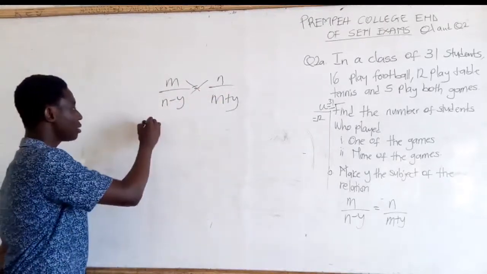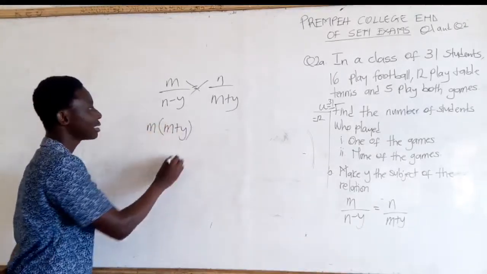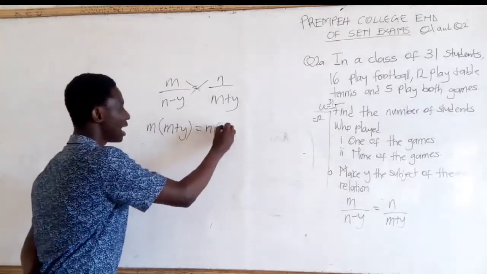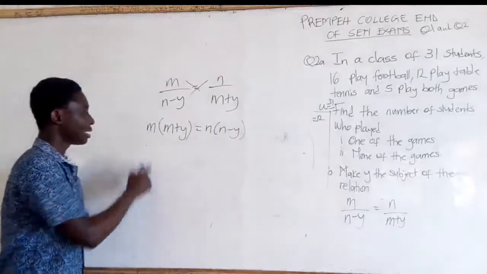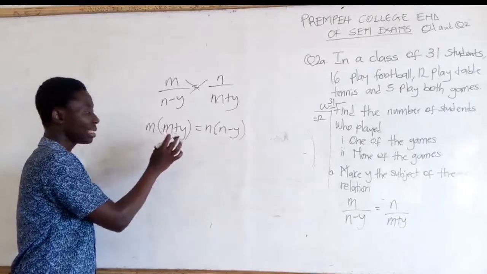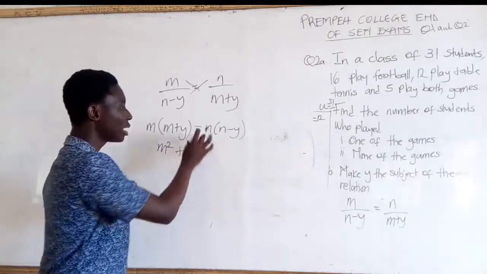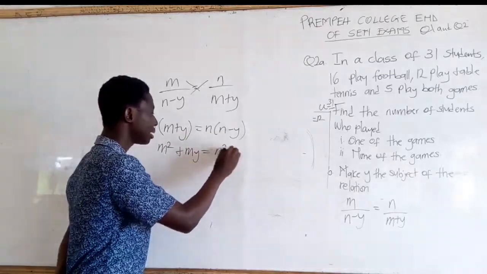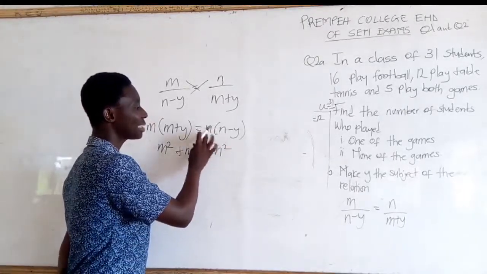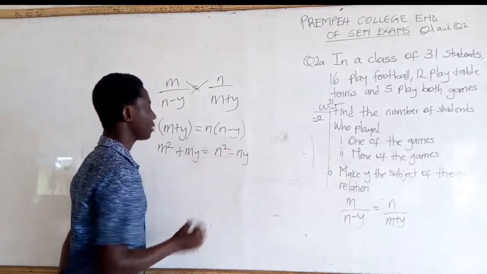So we get m times m plus y is equal to n times n minus y. Now m times m is m squared. m times y is my, is equal to n times n is n squared, plus n times minus y is minus ny.